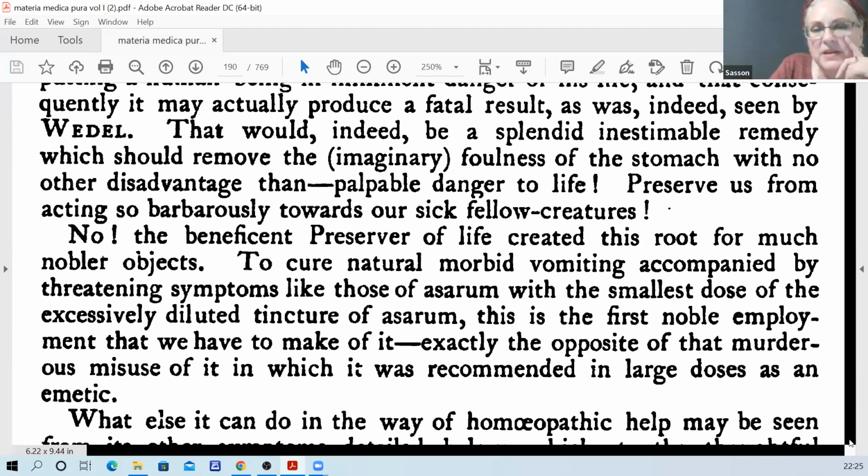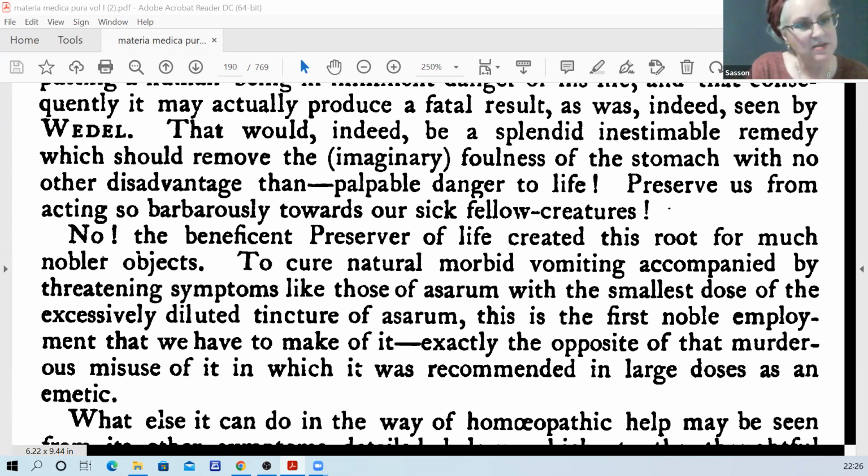It's interesting how Hahnemann uses the word noble here. What is nobility? Anybody know what the word nobility means? Yeah, so he says that we have a noble use for this, not just a dangerous way of making people vomit and purge in order to get something out of their system.